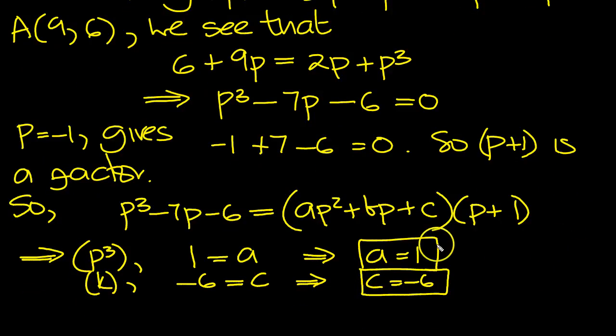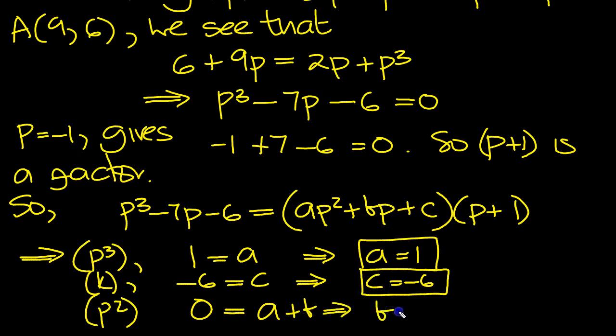And then what's best to do next? Should we do p or p squared? Let's do p squared. So the p squared terms on both sides, there's none on this side, is equal to ap squared times 1, which is an a, and then bp times p, which is plus b. So that tells us that b is equal to minus a. a is 1, so b is minus 1.